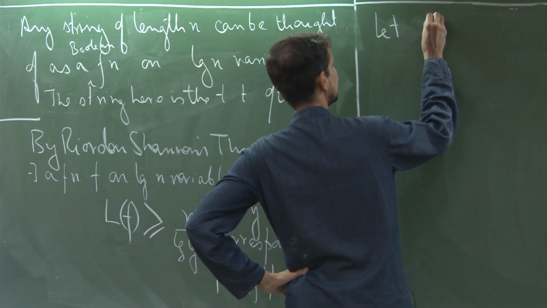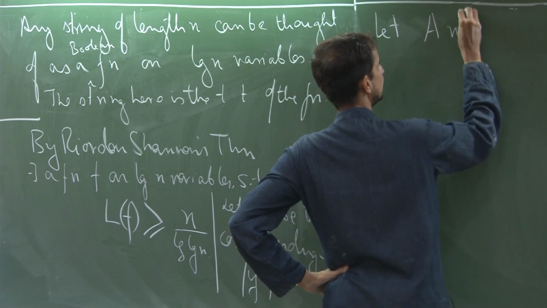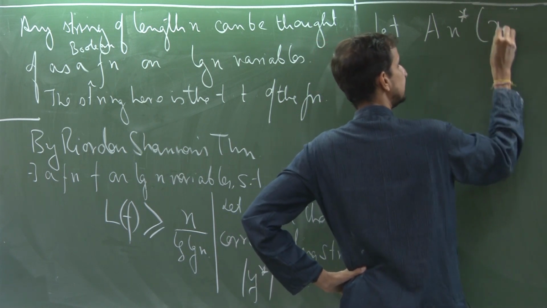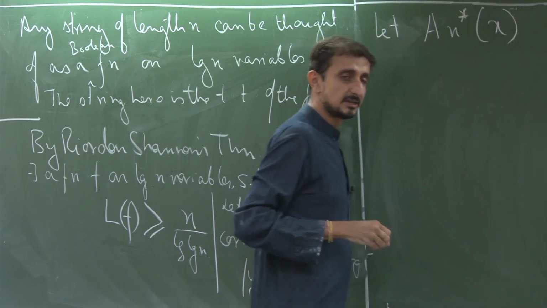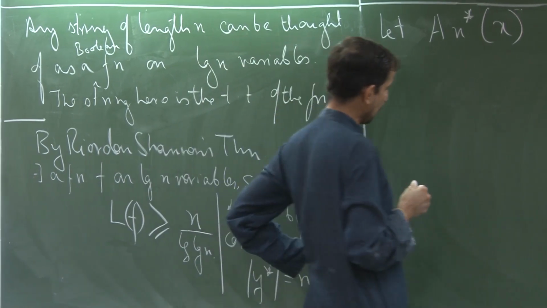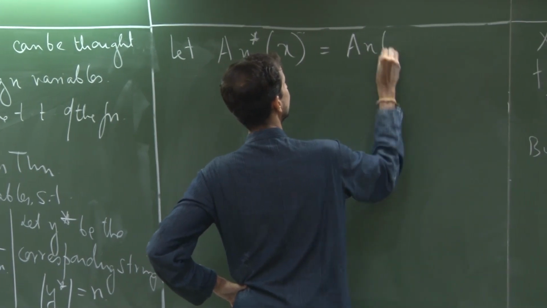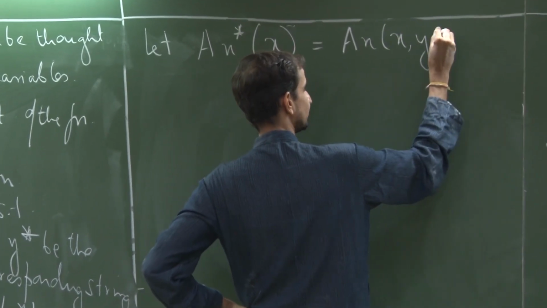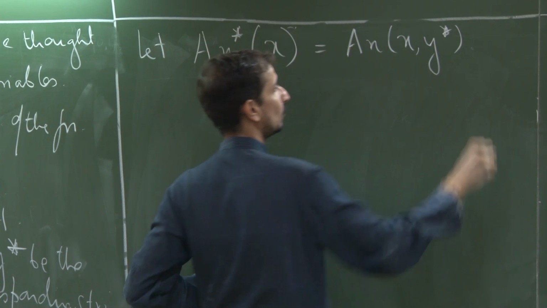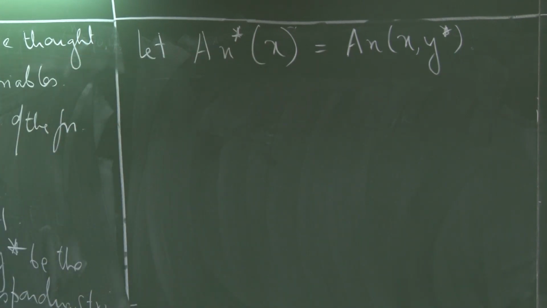Now I will define another function A n star, and this is a Boolean function on one string of n variables, which is equal to A n of x on this fixed string y star. Okay.